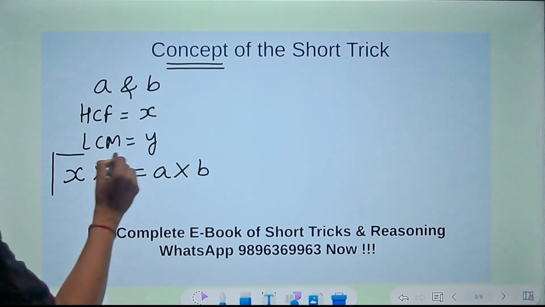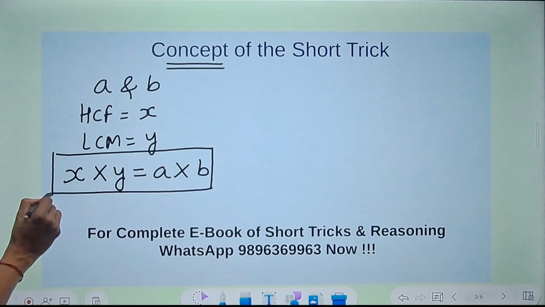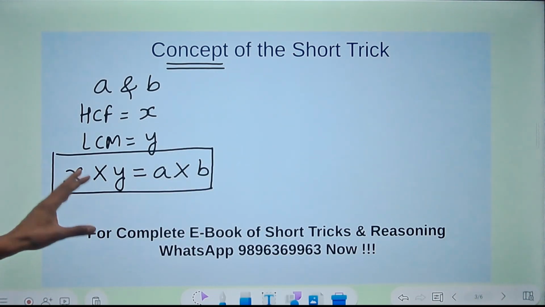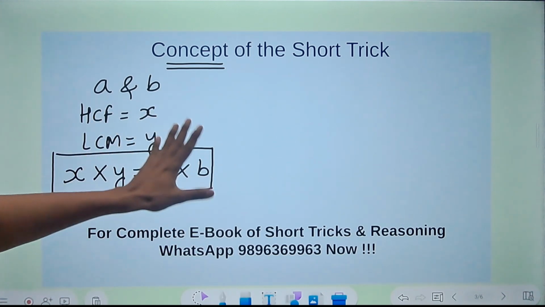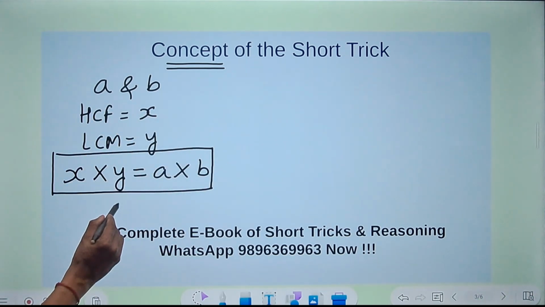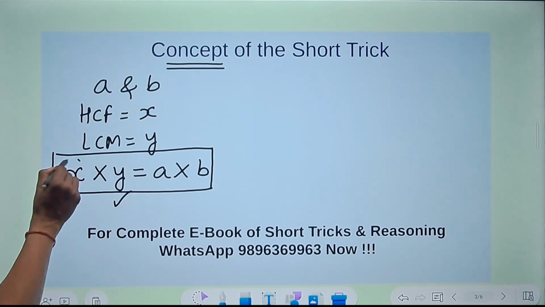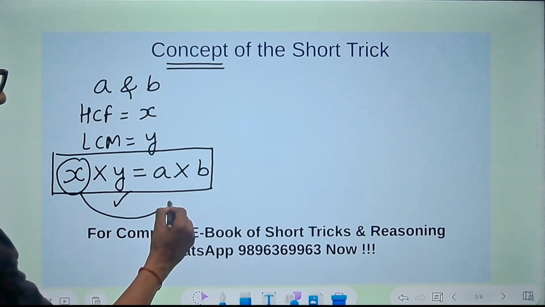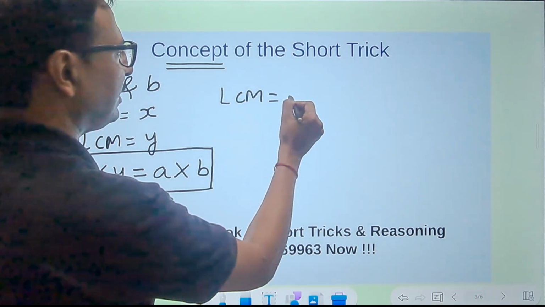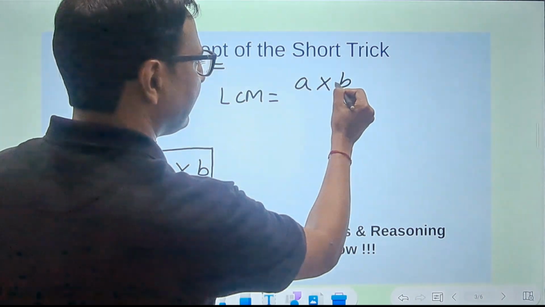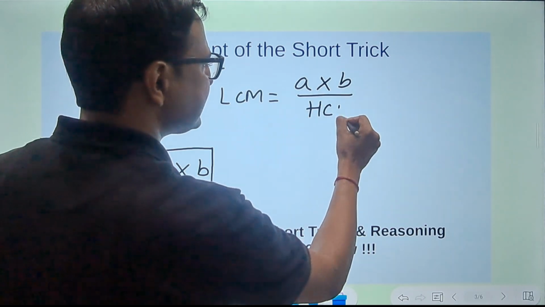Now this is the important property we are going to use when we have to find the LCM of two numbers. So if we have to find this Y, I just have to shift this to the other side, right? And so the LCM of two numbers will be the product of the numbers divided by their HCF.